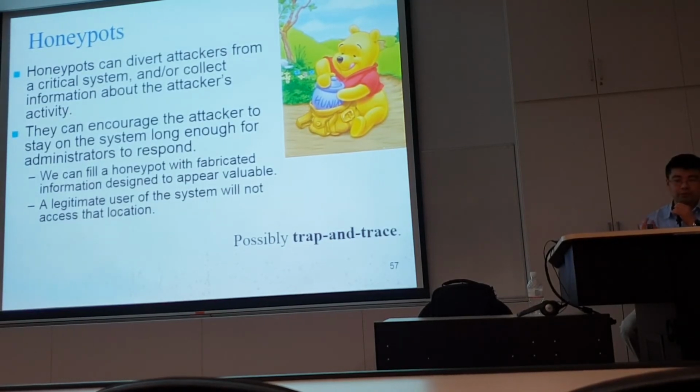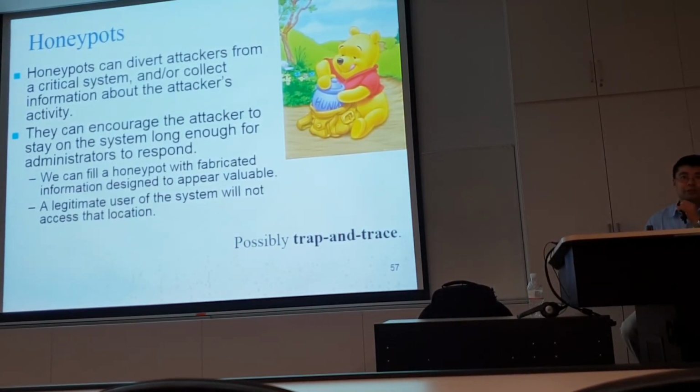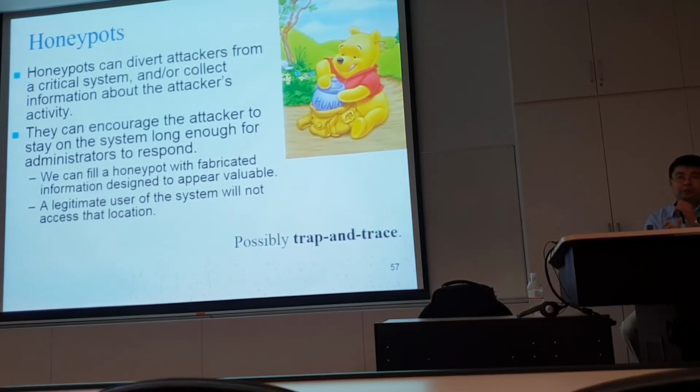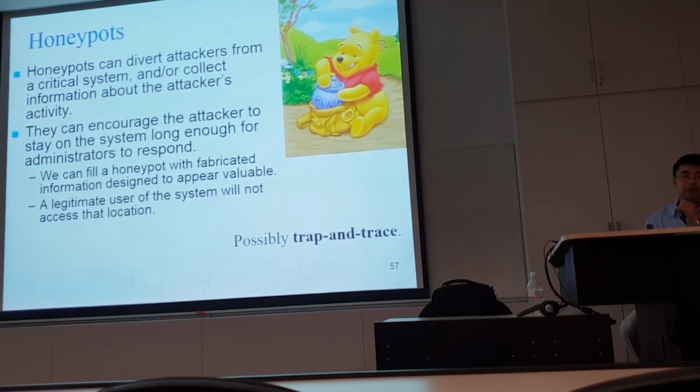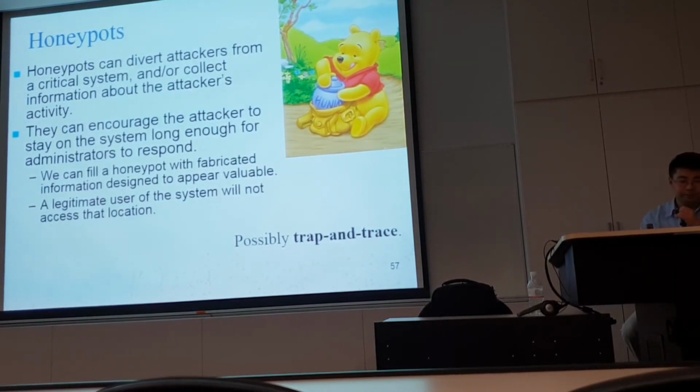However, if you detect, say, one component in this fabricated system trying to communicate with the outside, for example, you have a fabricated web server, or an SMTP server or some other server, and this server tries to send a packet to the external network, that means there is a potential intrusion, because a normal user will not try to communicate with this honeypot.